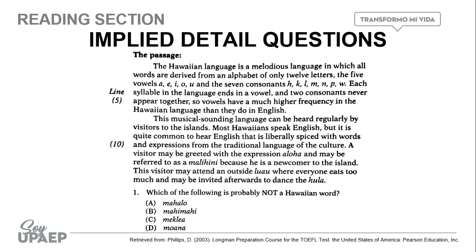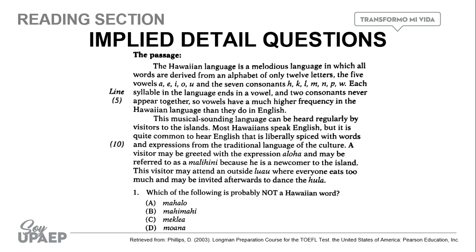So vowels have a much higher frequency in the Hawaiian language than they do in English. If you notice, we had to read the complete paragraph. Why? Because in order to infer information and find the clues, it was necessary for us to read all the information presented in this paragraph.